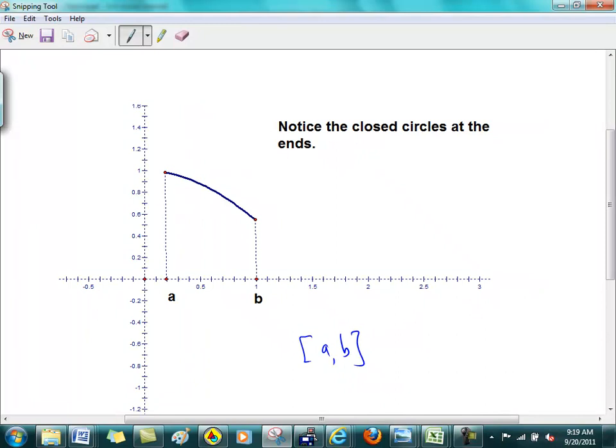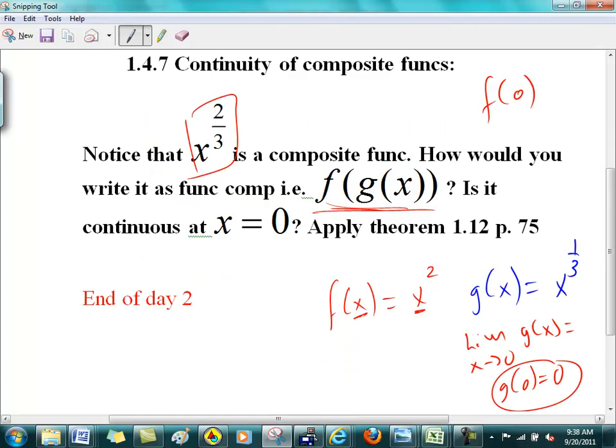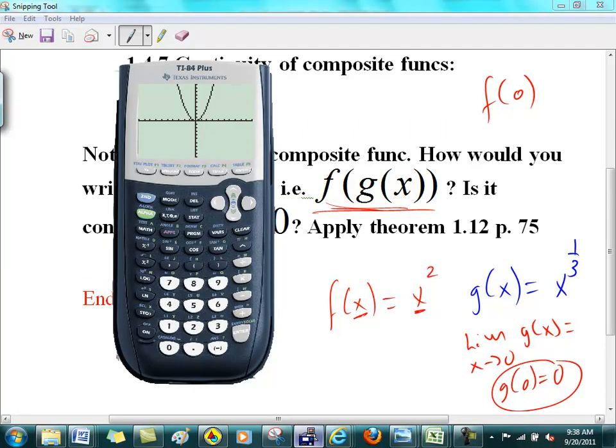Sorry? There are closed circles at both ends there. That's a closed circle and that's a closed circle. You can see that, right? So this is a closed interval. In order to look at the continuity of this function over this closed interval, take a look at this graph here. Is this continuous at 0? Yes. So the composite function is continuous at 0.